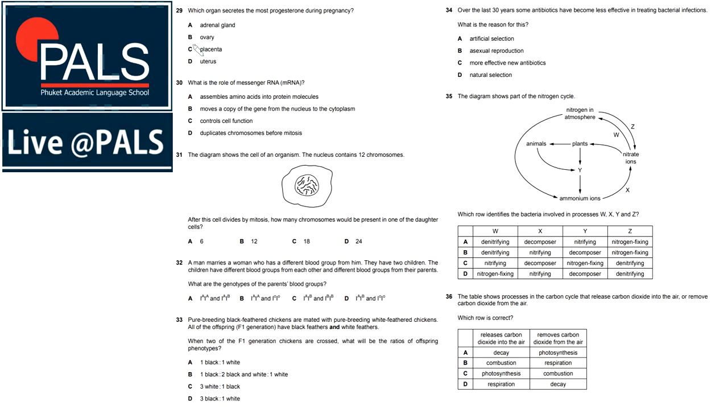Which organ secretes the most progesterone during pregnancy? During pregnancy, the placenta is responsible for producing the progesterone. Otherwise, in the menstrual cycle, it is produced by the ovaries, but at some point, the placenta. Not the placenta, but the uterus? Or, no, let me double check this. No, it is the placenta. The placenta is the organ that is grown by the embryo.